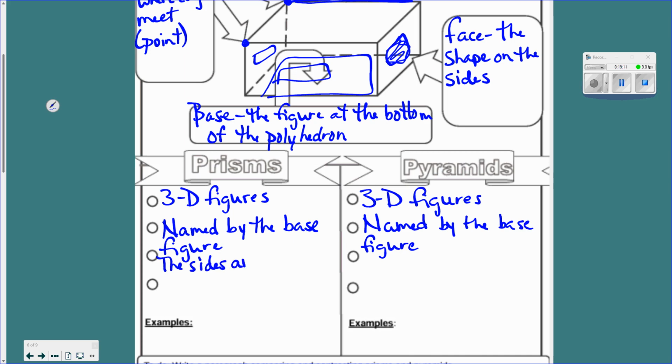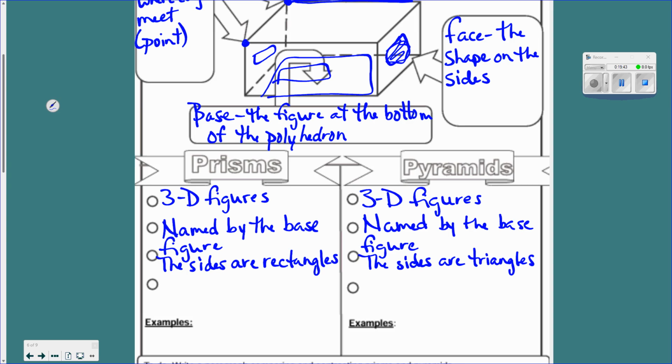We don't have one pictured here, but if I were looking at a pyramid, what shape are the sides on the pyramid? Triangles. That is a big difference between prisms and pyramids. Sides are triangles.